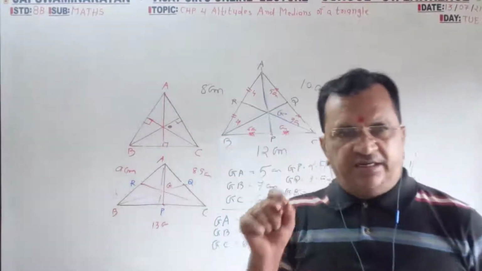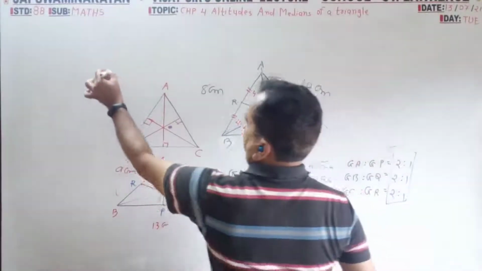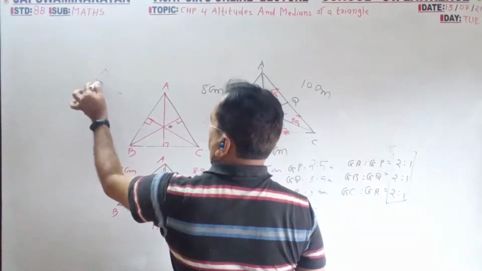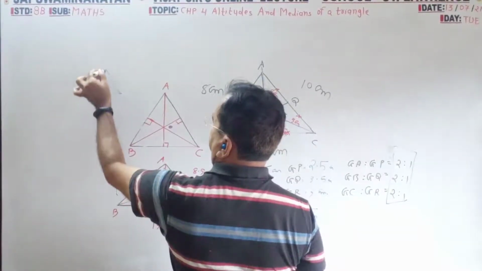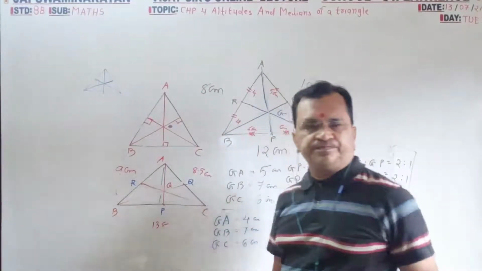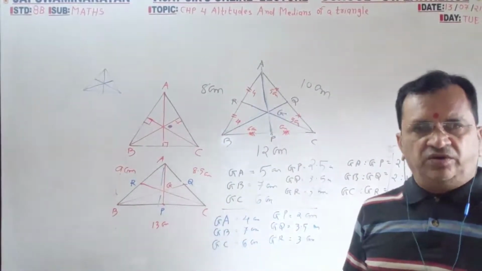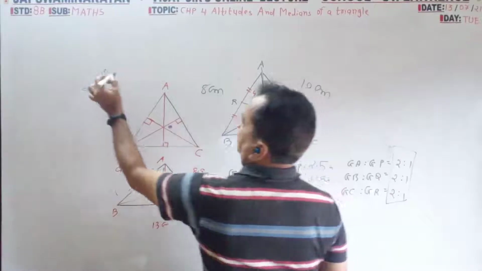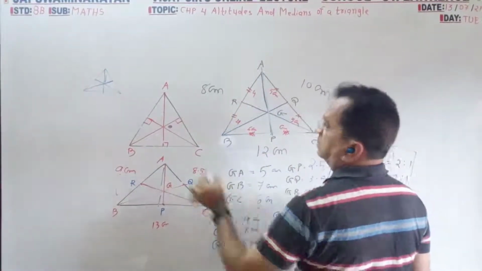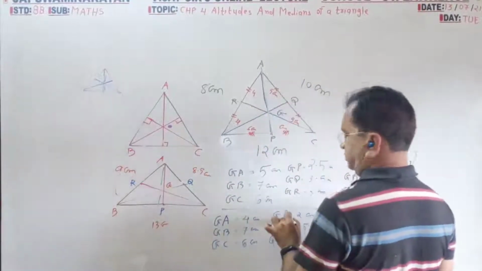Draw any triangle. Step number 1. Draw any triangle. Take midpoint, join this. Of this take midpoint, join this. Of this take midpoint, join this. Follow? Then from A find this much. Then find this much.